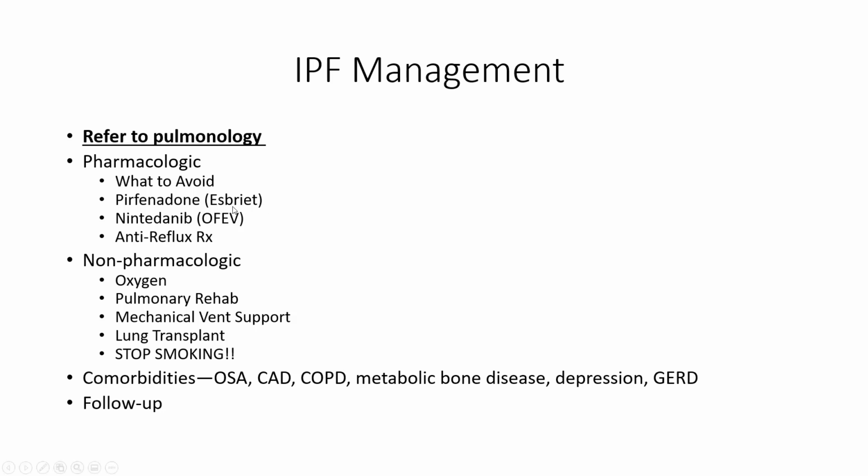For example, Esbriet has not been shown to be especially effective, and it costs something like $11,000 a month. And so mostly these treatments are going to rely on oxygenation, rehab, and then if the patient is smoking, they need to stop smoking.